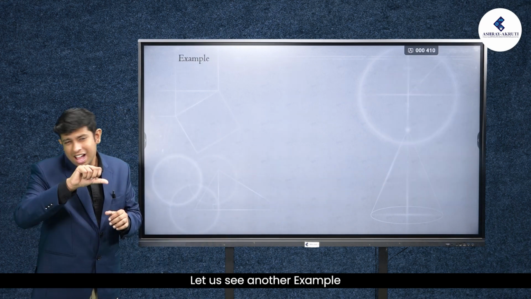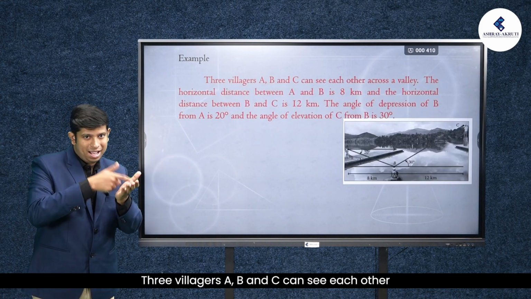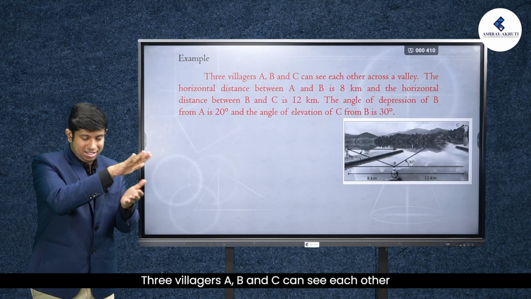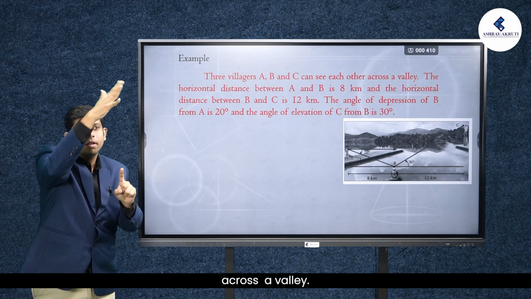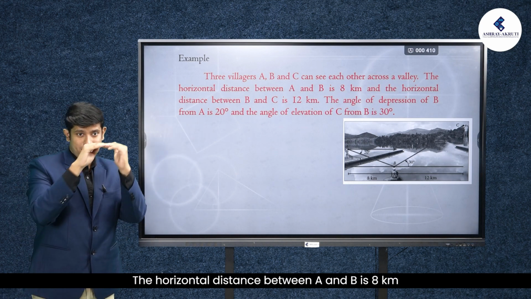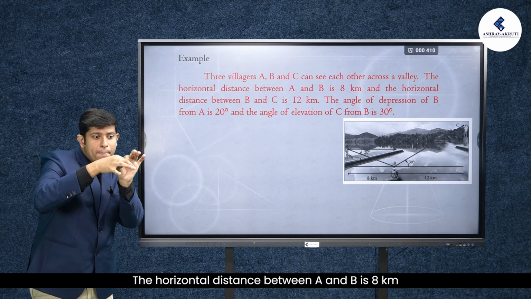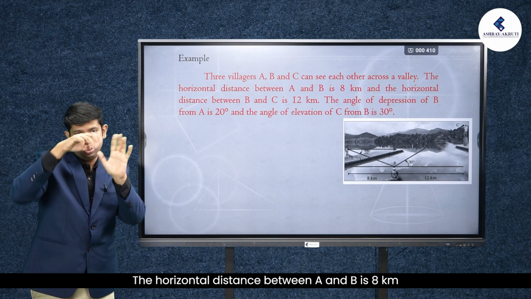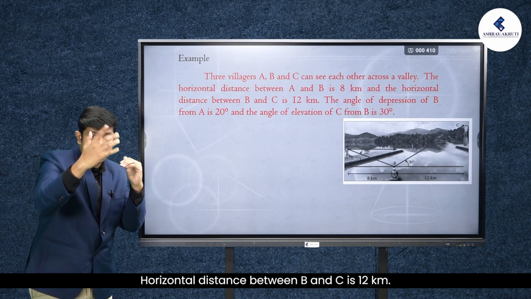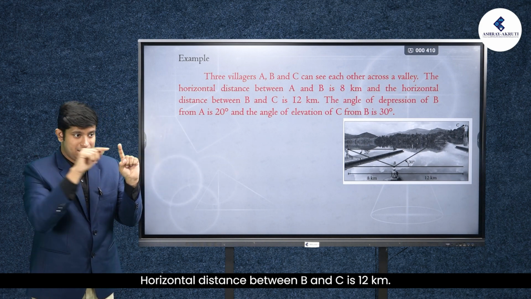Let us see another example. Three villagers A, B and C can see each other across a valley. The horizontal distance between A and B is 8 km and horizontal distance between B and C is 12 km.